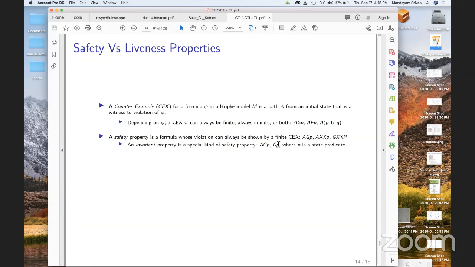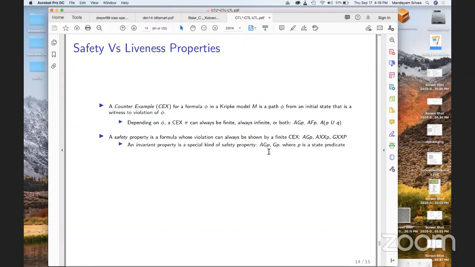As long as it does not have nested temporal operators, but is a state property, meaning some predicate on a state, whatever holds good on all paths originating from the initial state.